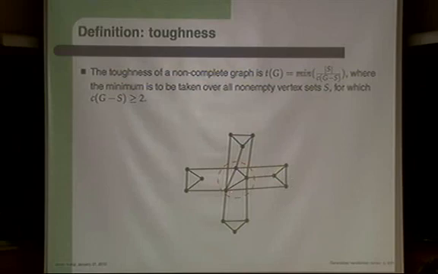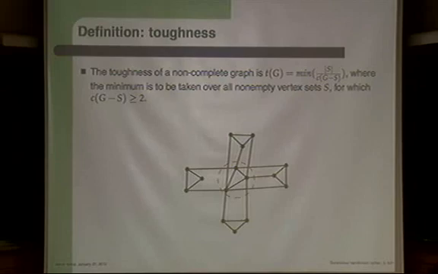If you remove 4 vertices, you can get at most 4 components. And the graph can't be 1-connected, because if you remove 1 vertex, you get at least 2 components, so therefore the connectivity will be at least 2. Yeah, is it clear?